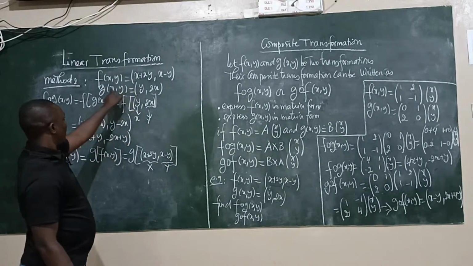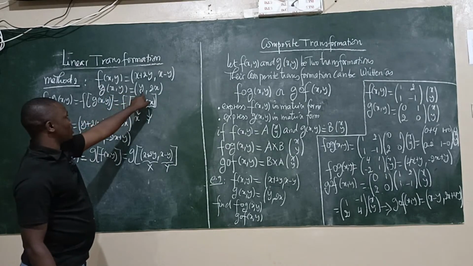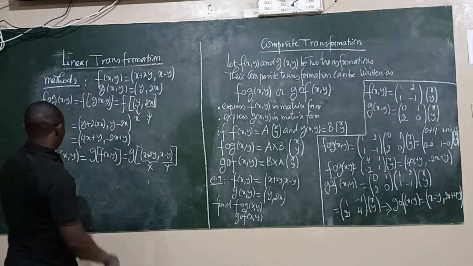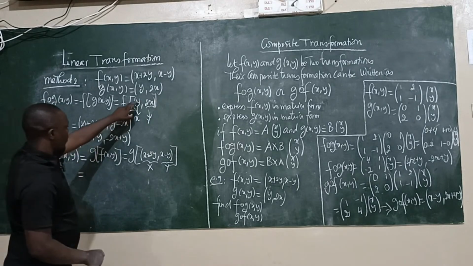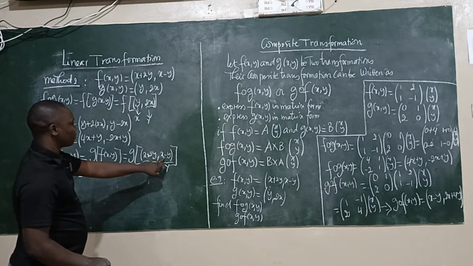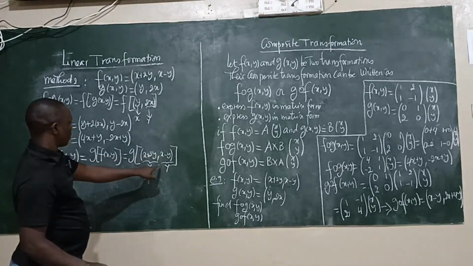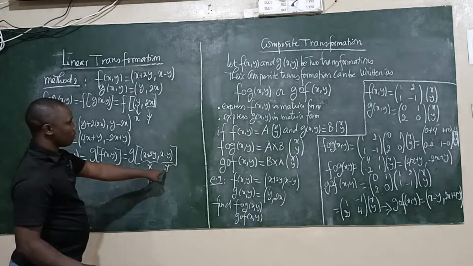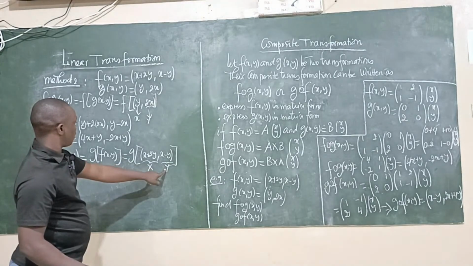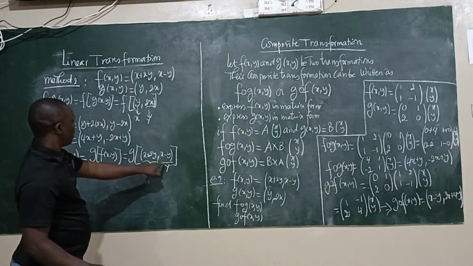Remember, g of xy was y comma 2x. That's why instead of having y, we're gonna have x minus y, because y is gonna be replaced by x minus y.